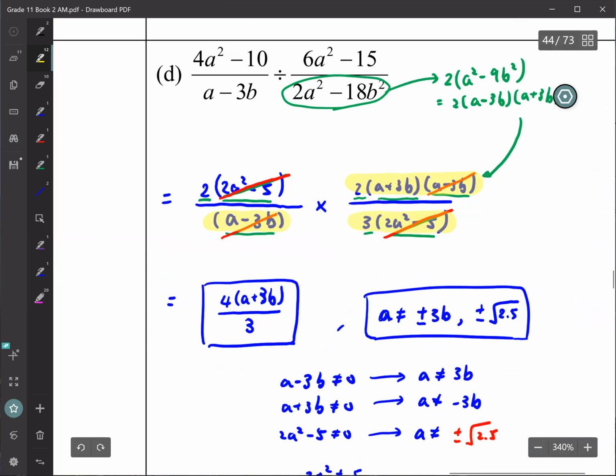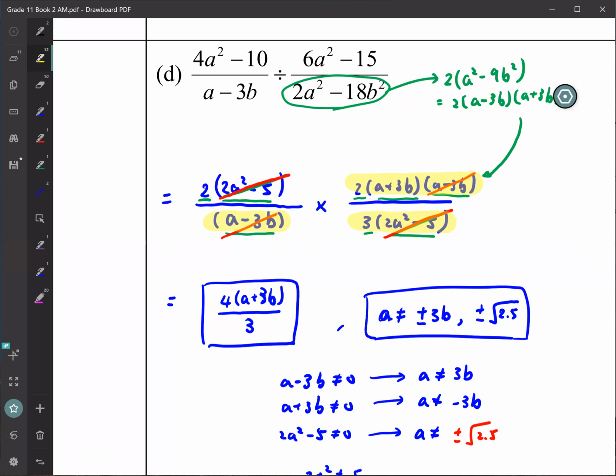But for question D, inside a single part, like A minus 3B, we count that as one factor, one part. But it has both A and B together. So you don't need to find restrictions for both A and B for the same part, because it is only included in the same part. You don't need two restrictions for one part.